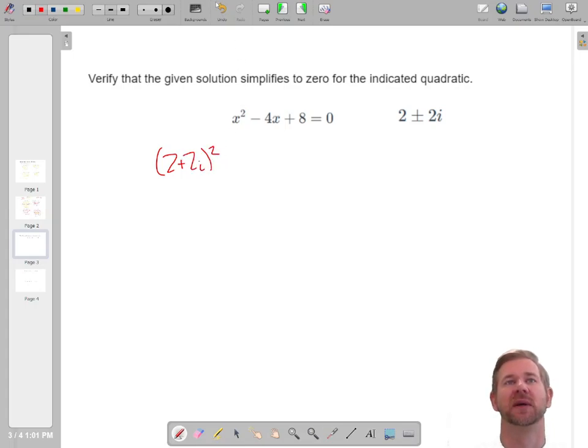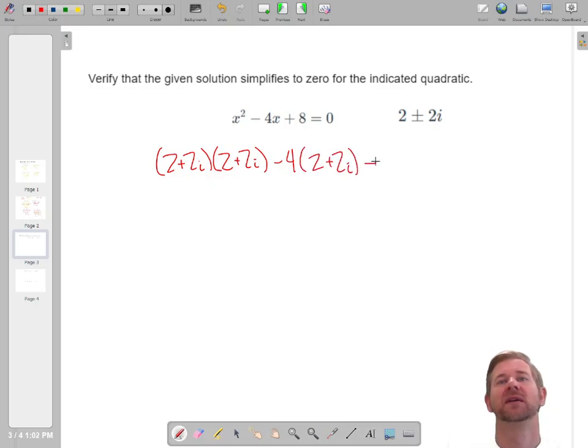So I'm not going to do both of them. I'll just do 2 plus 2i. I'm going to write it out squared: 2 plus 2i, minus 4 times 2 plus 2i, plus 8. Okay, so that's 2 plus 2i squared. When I plug it in, I have to write it out twice. So now I'm going to distribute. 2 times 2i is 4i. Again, 4i in the middle.